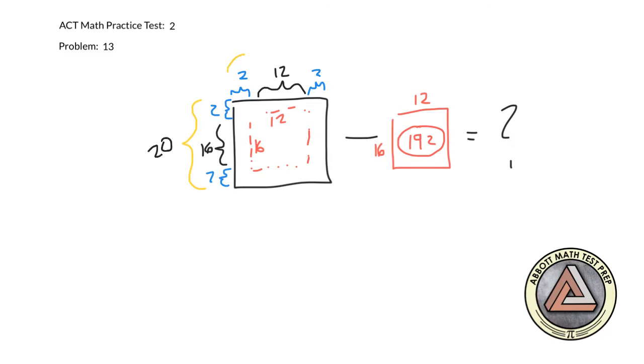And as far as the total side length for that, that's going to be 12 plus 2 plus 2, which is 12 plus 4, which is 16. So the area for this rectangle is 20 times 16, which is 320.